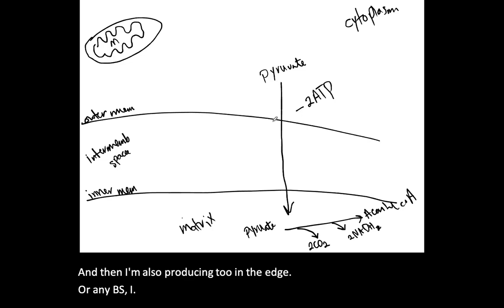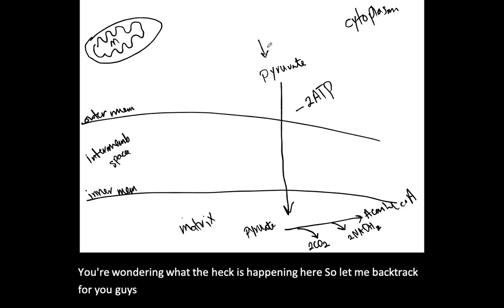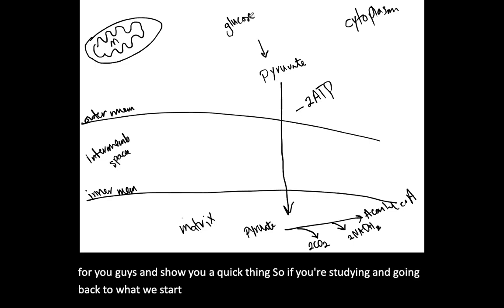Now, you're wondering what the heck is happening here. So let me backtrack and show you a quick thing. If you're going back to the original molecule we started with, glucose is identified as a 6-carbon molecule.